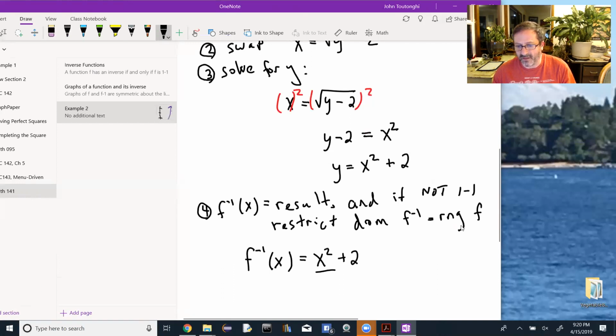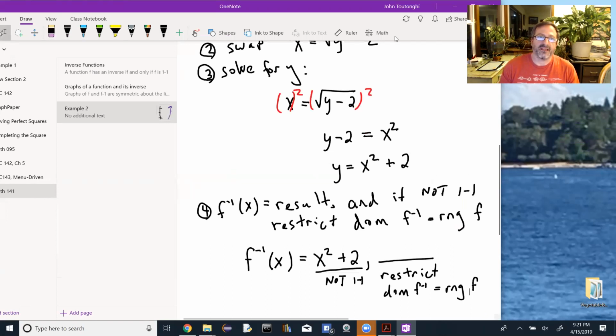But this is not one-to-one. So I'm going to put a comma, and I'm going to restrict the domain. And how do we restrict the domain? The domain here for the inverse needs to equal the range of the original function.